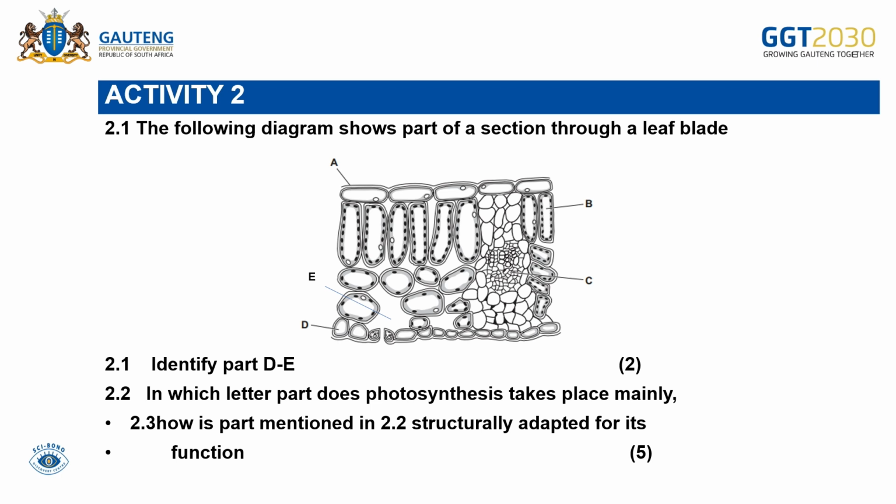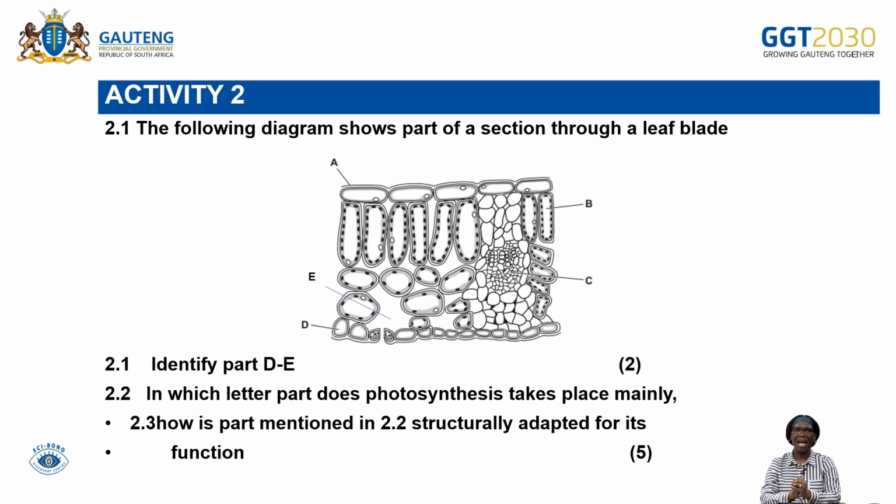Very good. Because it is tightly packed with what? With chloroplasts. Excellent. Very good, Lena. She got it right. In part B, because part B is tightly packed with the chloroplasts. Very good.